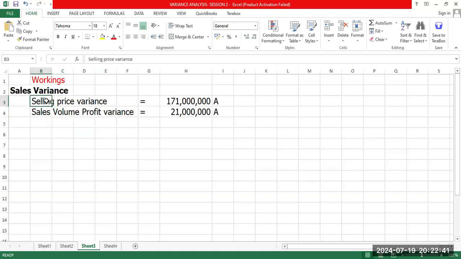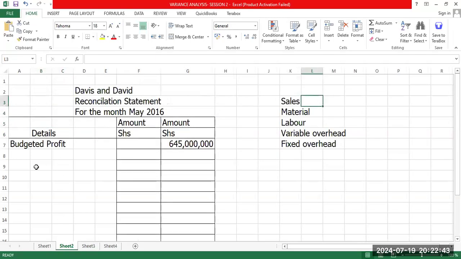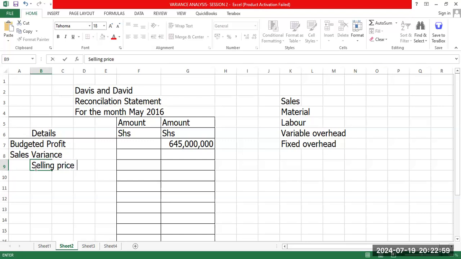But the fact that we are given them, just come here to your table, under sales variance, put selling price variance, then also put sales volume profit variance.